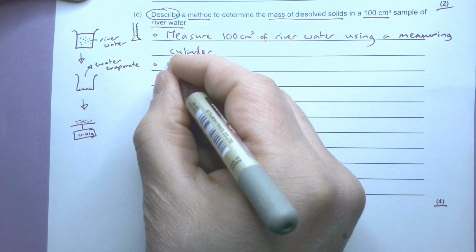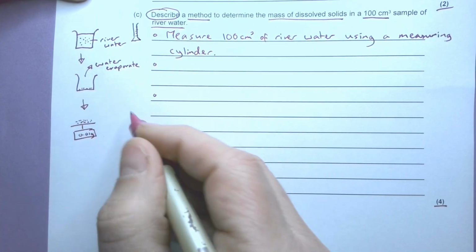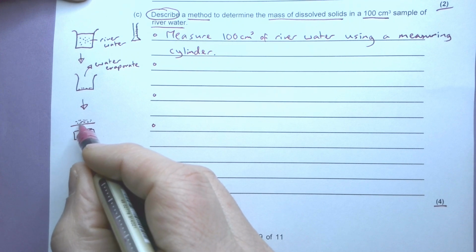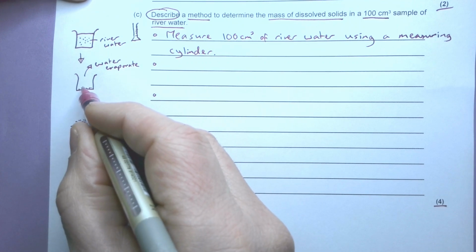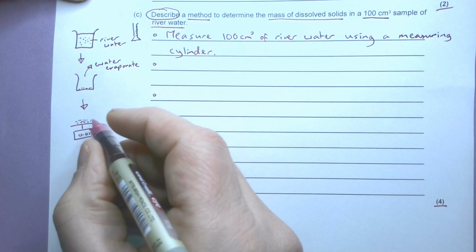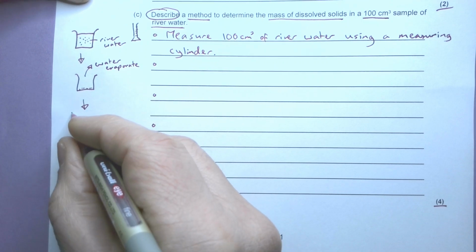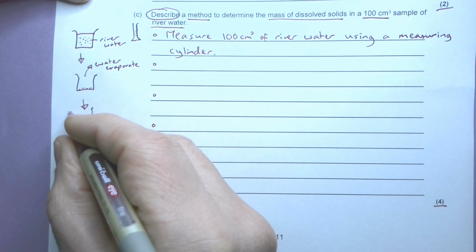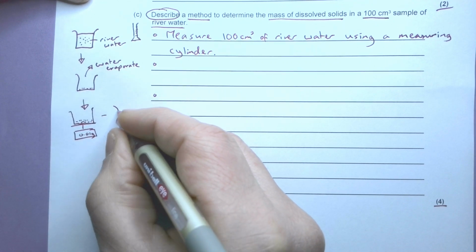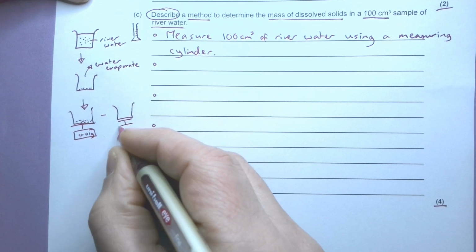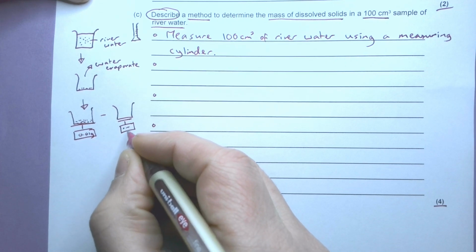I'm then going to pour the water. In fact, before I do that, I need to know the mass of this, but I'm not going to scrape everything out of here. So to find the mass, I'm going to measure the mass of that beaker minus the mass of the empty beaker, whatever that's going to be.